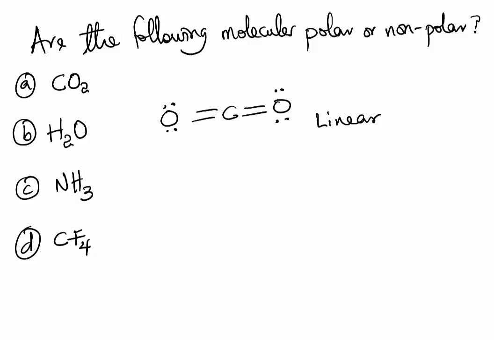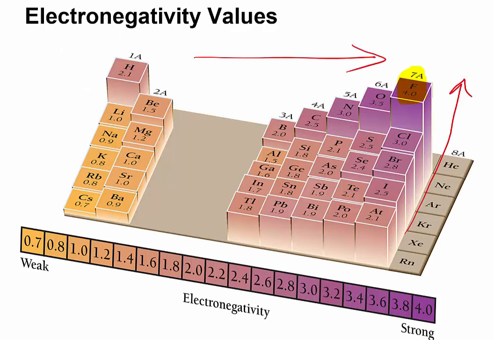The next thing is to look at the electronegativity differences in all the bonds. Oxygen is more electronegative than carbon. This can easily be seen in the trends for electronegativity that we have seen earlier. You can see that oxygen is more electronegative than carbon, as you can see on this chart.